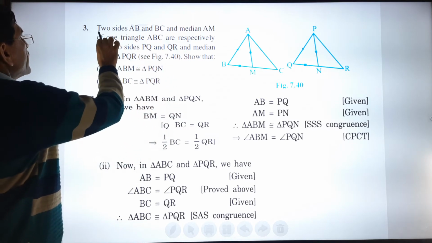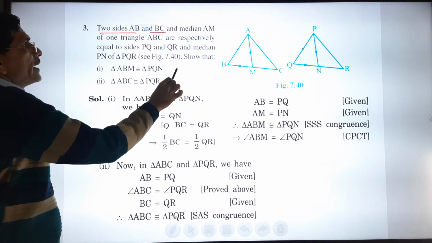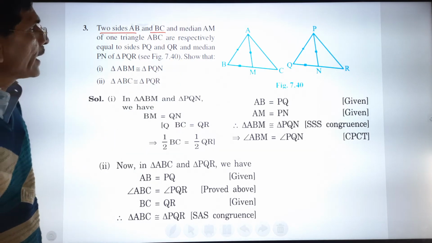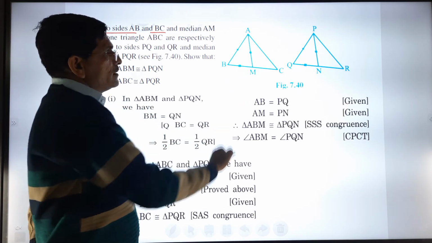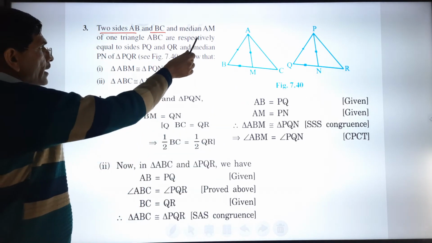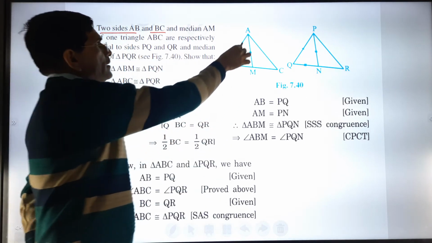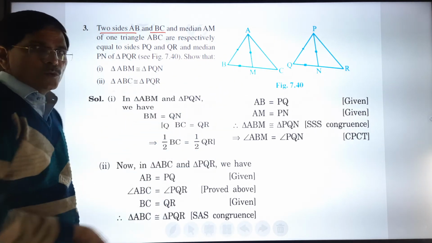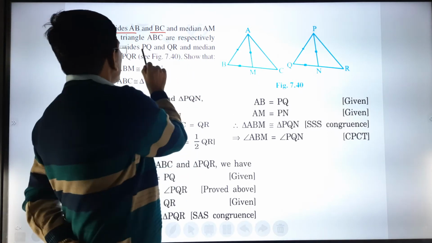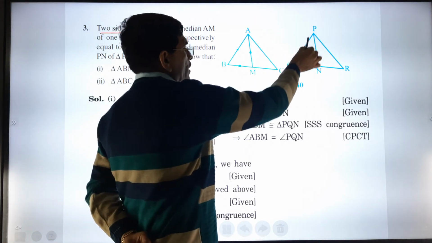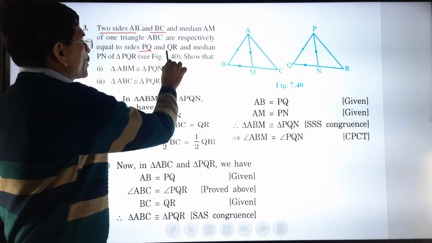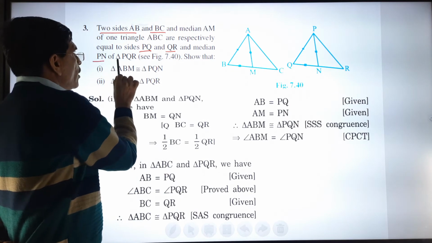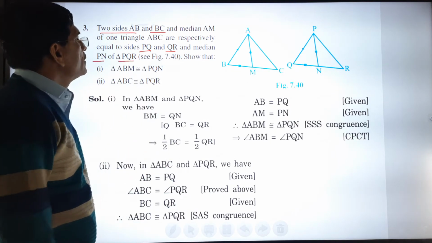Now, two sides AB and BC and a median. You will see in the figure AB is one side and BC is another side, and the median AM of one triangle and the median PN of triangle PQR are respectively equal to PQ and QR of the other triangle.